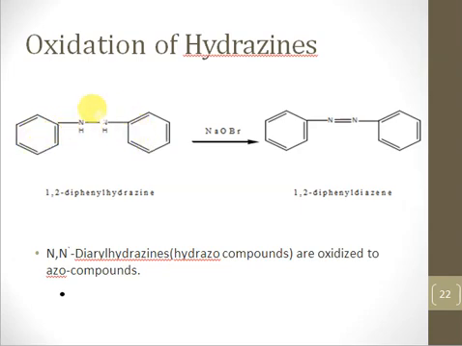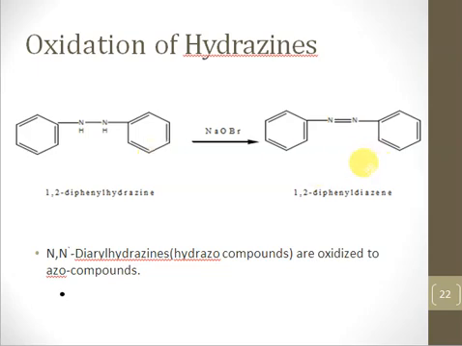If one substituent is missing from here, then in that case you don't get this azo system. It is compulsory that this hydrazine must be disubstituted with one substituent on one nitrogen and the other on the other nitrogen. So if one of the nitrogens does not have a substituent, this reaction does not occur, right?